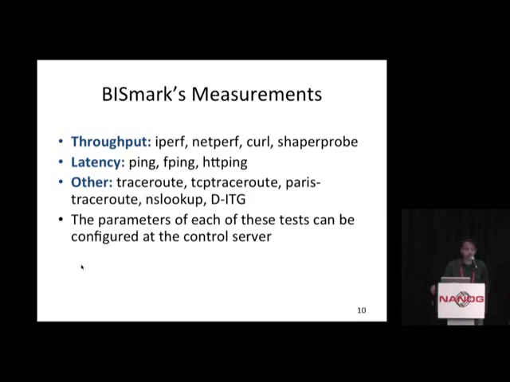And these routers also come fully equipped with a whole host of measurement tools like iPerf, curl, ShaperProbe, fping, HTTP ping, TCP traceroute, Paris traceroute, NSLookup, and D-ITG. As I said, the parameters of all these tests can be configured at the control server.